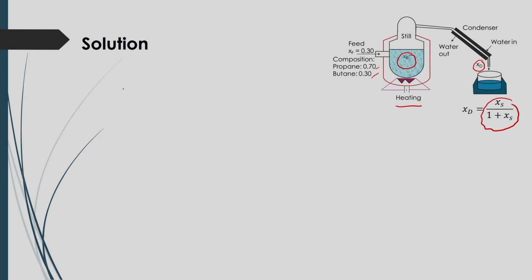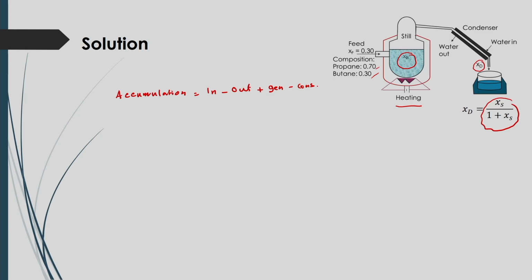We know the material balance is accumulation equals inlet minus outlet plus generation minus consumption. This is your material balance equation.